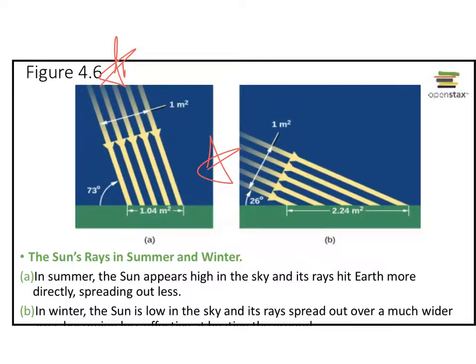When the sun is high, the rays of the sun are spread over a smaller area, 1.04 meters squared, versus when the sun is low in the sky at noon, or actually all day in the winter, and that same shaft of light has to spread over 2.24 meters squared.